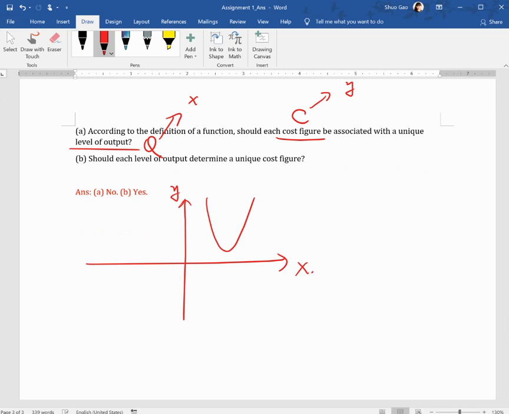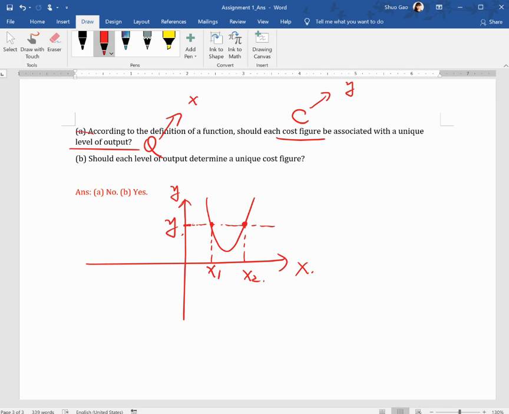This is y, this is x. For each y, there are 1 or 2 x values that are associated with the y. So this x1, x2. But it's still a quadratic function. It's still a function, right?